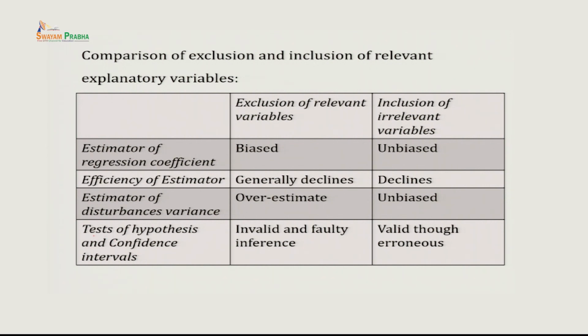Then, if we consider testing of hypothesis or confidence intervals, like the test of significance of a single regression coefficient, or test of the entire regression, or test of any linear hypothesis, then for the case of exclusion of relevant variables, the tests are invalid and faulty inferences are drawn, because the distribution of the test statistic does not remain central F. The reason is the distribution of s squared upon sigma squared u does not remain central chi square even under H0.